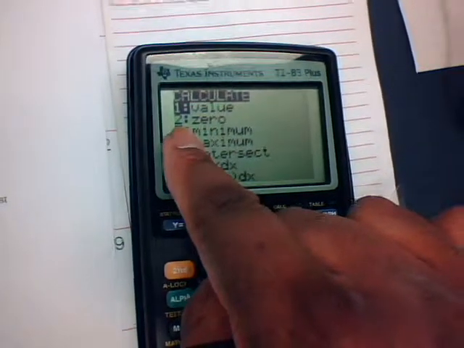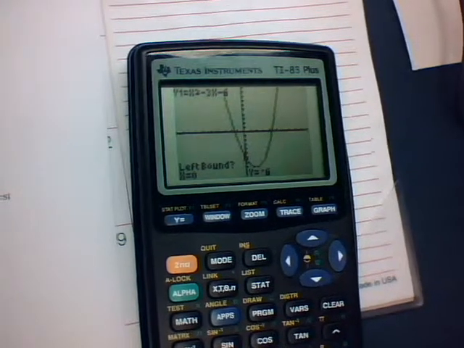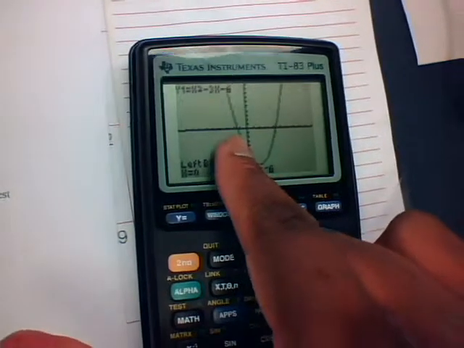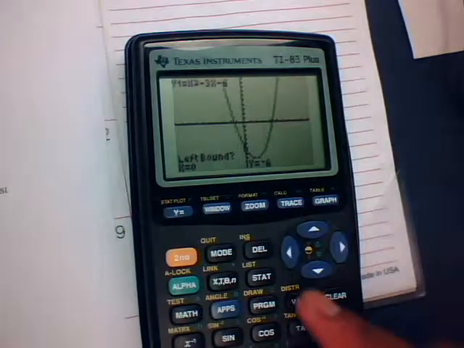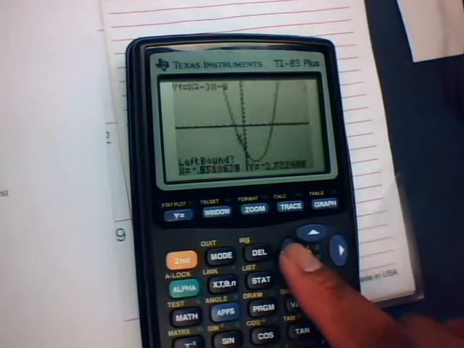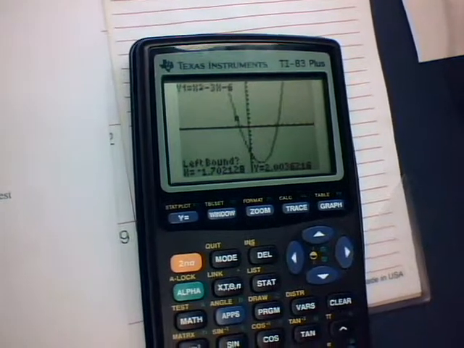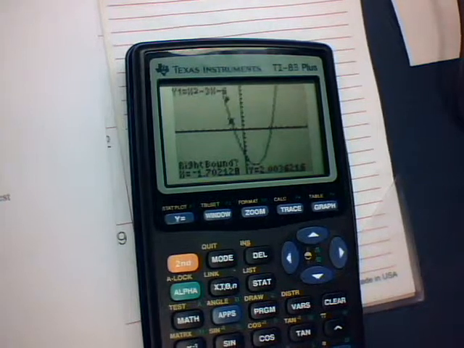We want to select number 2, which is zero, because we're finding the zeros of this function. Now we're going to find the one on the left side. With left bound, we use our left arrow key to put the blinking cursor above that first x-intercept. And then press enter.